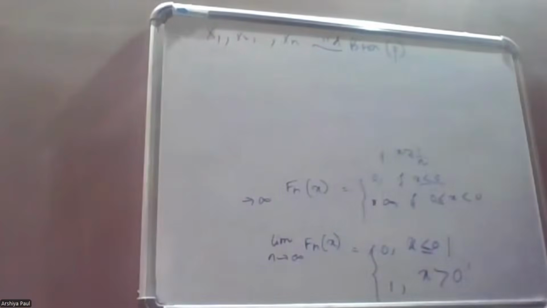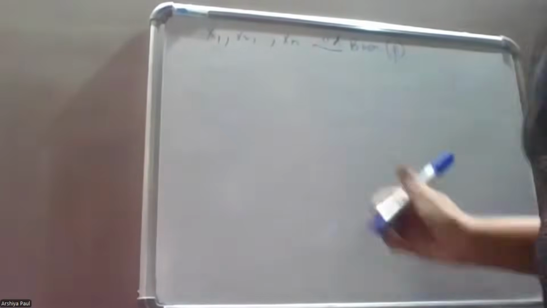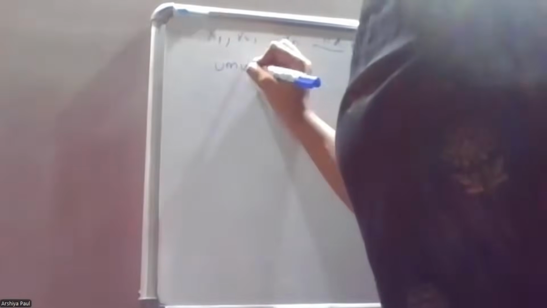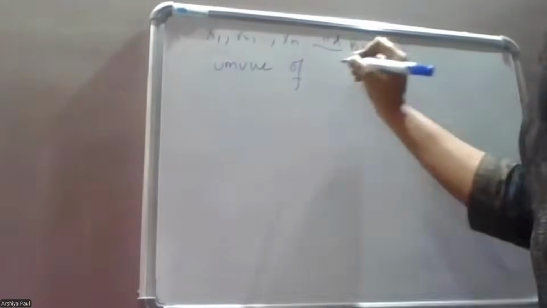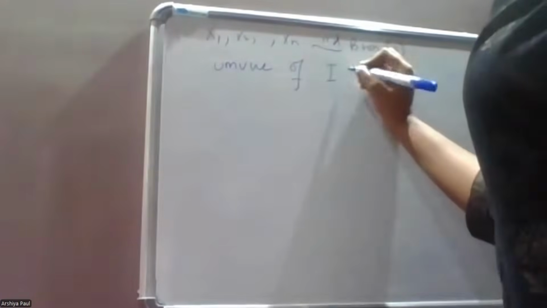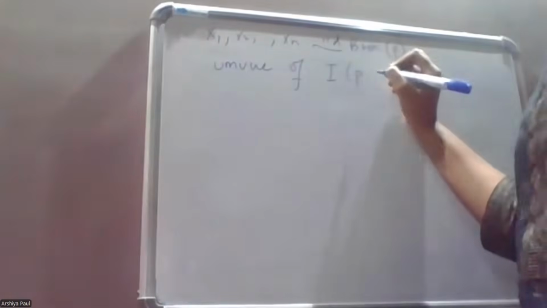So find the UMVUE of the indicator of p greater than half.